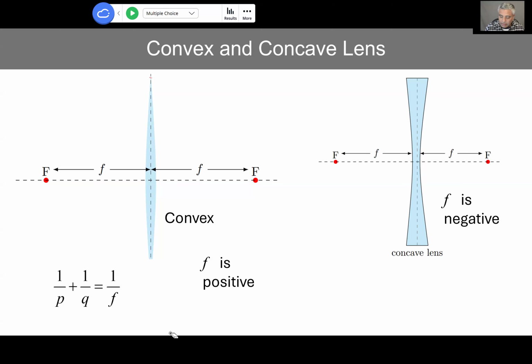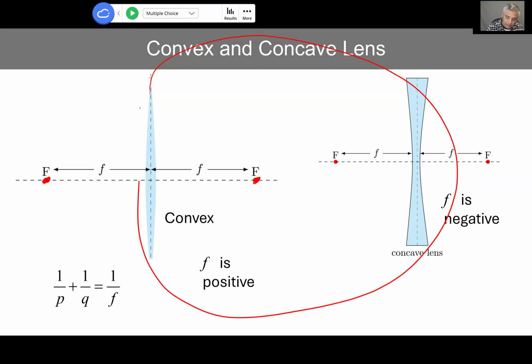But in the case of lenses, light can be incident from either one of those sides. So because of that, we have these focal points.